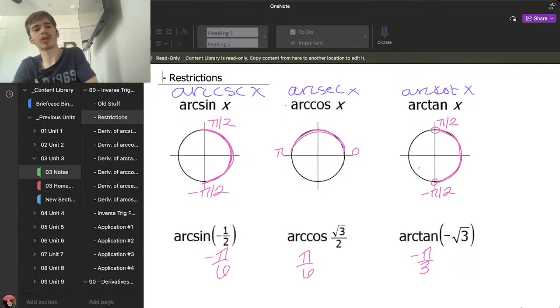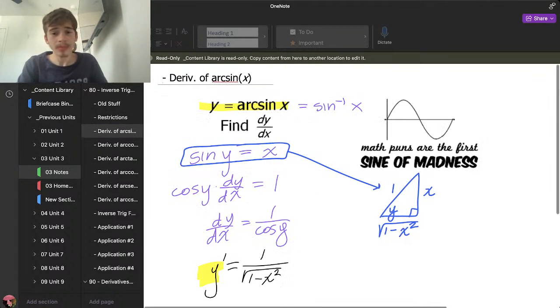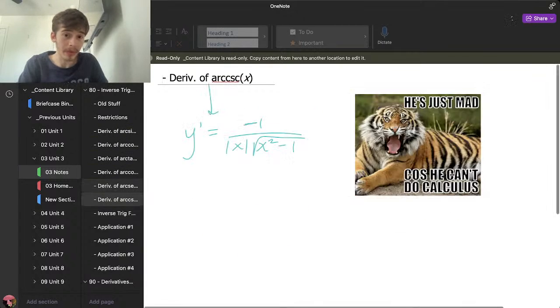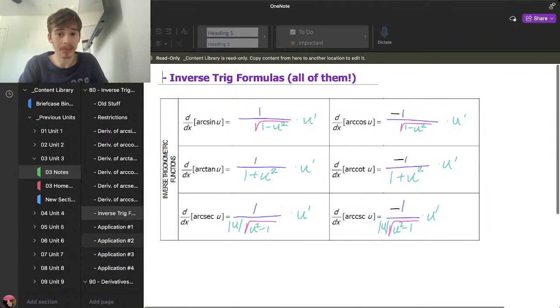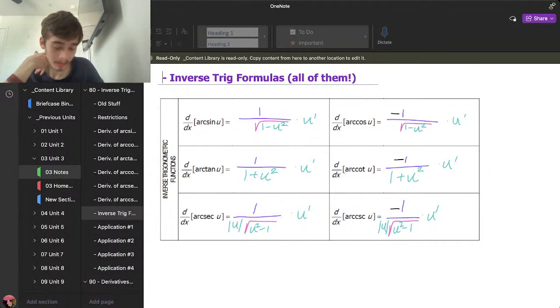Restrictions. Arcsine and arccosecant are bounded by negative pi over 2 and pi over 2. As is arctangent and arccotangent, but arccosine and arcsecant are bounded by 0 and pi. I'm not going to show how to derive the derivatives of inverse trig, but here are the formulas you should probably know. The arcco ones are negative. Arcsine is 1 over square root of 1 minus u squared times u prime.